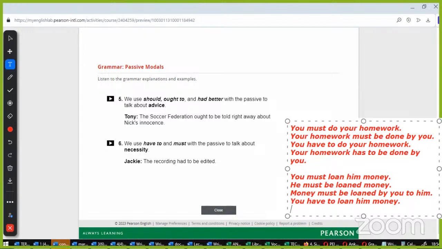Yes, you could use both. In that case, the meaning of the phrase is él debería ser prestado. No tiene una traducción directa en español, ¿no? Es diferente. Pero sí se puede más be loaned.